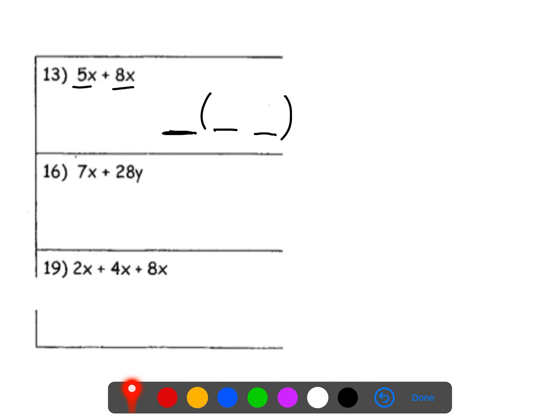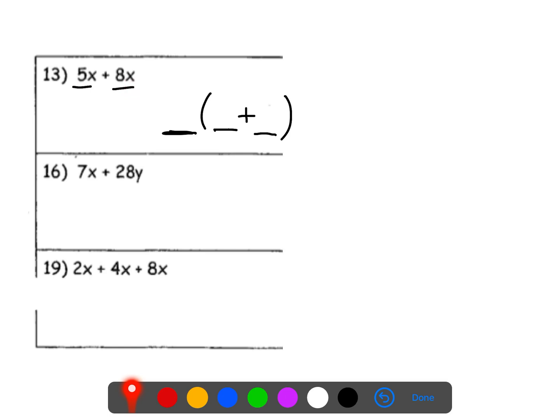And when we factor, we don't want to use 1 out here, because for all of them we could do that, and all we're going to get is just a rewritten version of this. It's going to be 1 and then 5x plus 8x, and we don't want that. That's not helpful. But the other thing we notice is they have each an x.